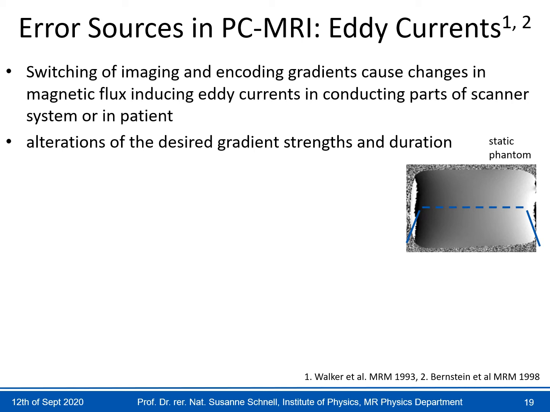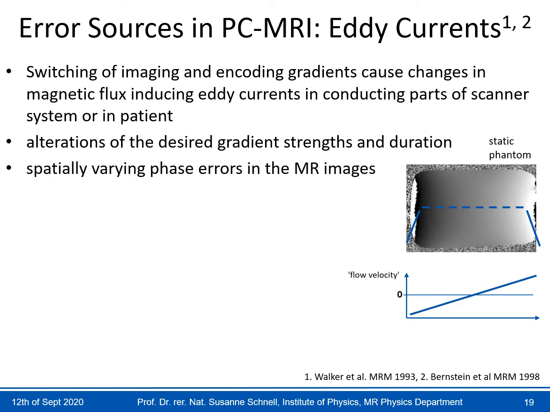These are alterations of the desired gradient strength and duration. Here depicted in a static phantom, which should have the same gray value across this line, you can see that instead of this being a constant 0, we see a gradient, a spatially varying phase error in the MR images.